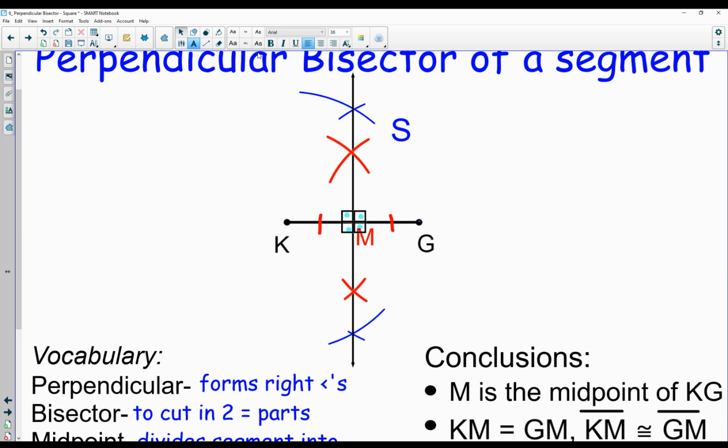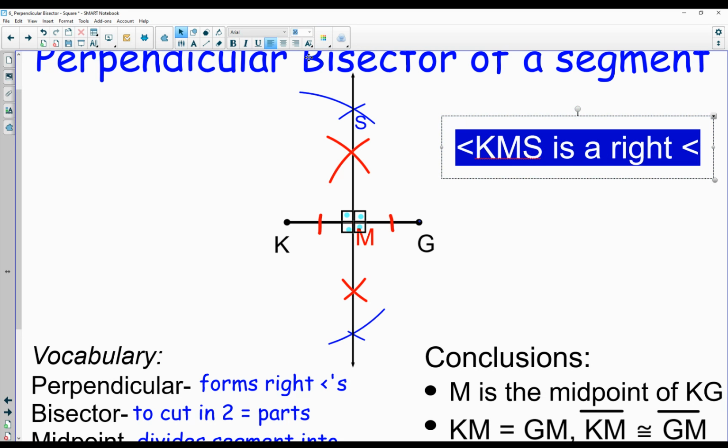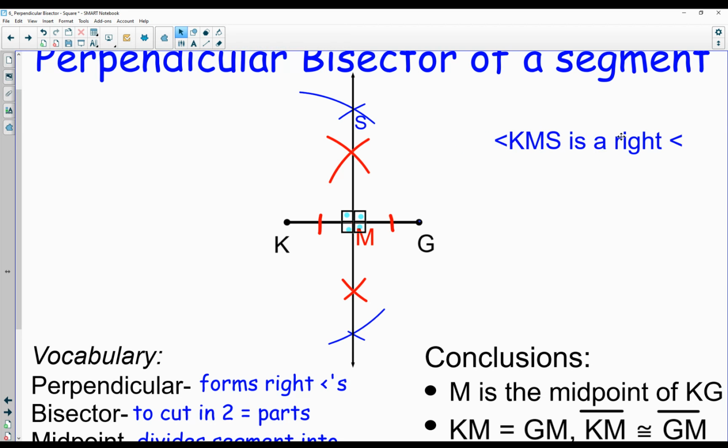S. We'll call this S. So one right angle, I can say angle KMS is a right angle. And this, it looks like a less than symbol. That is actually a symbol for angle. So KMS is the right angle. Another right angle is over here. So if I wanted to name this angle, it would be GMS. That here.